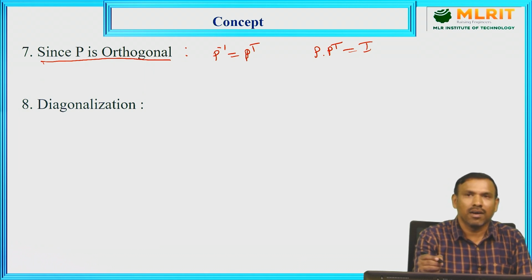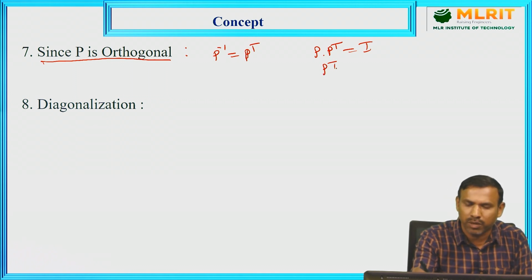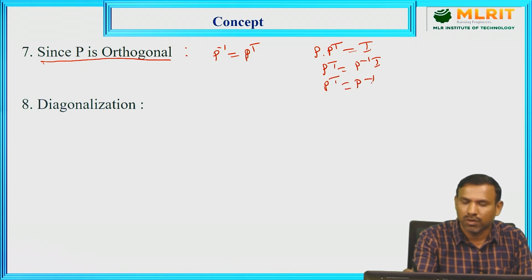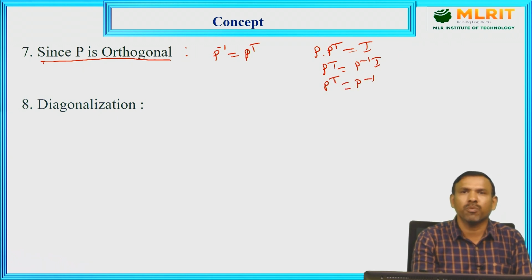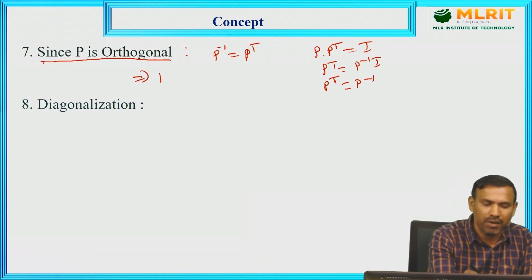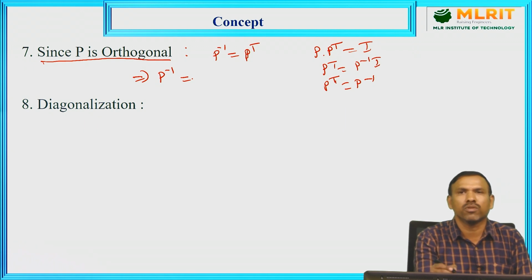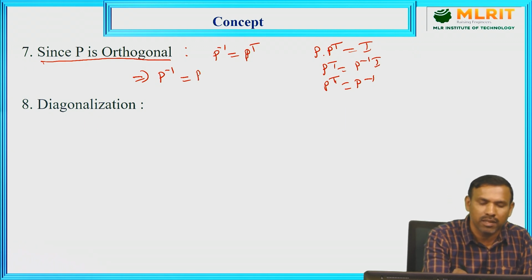Since it is an orthogonal matrix, we have the property A into A transpose is equal to I. Now if I move the P transpose to the other side, it becomes P inverse into I. Then P transpose becomes P inverse. So just by transposing the matrix, you will get the inverse. Clearly, for the model matrix we have built, just transpose the rows and columns and you will get the inverse.